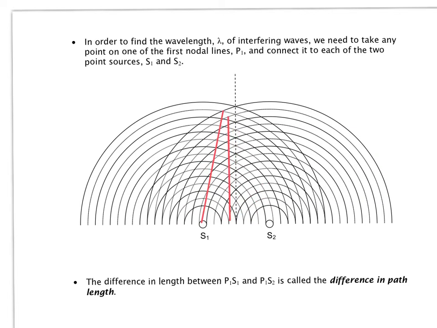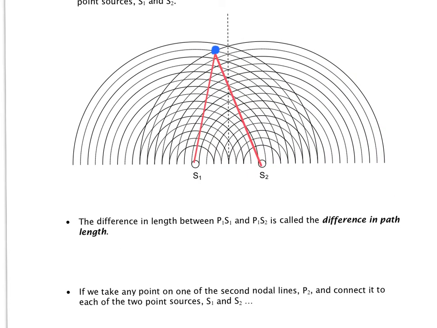So let's see if I can make this work out a little bit better. Okay, that seems to work out okay. And let me put a little point right around there just to make this look good. Now I do promise you this is not another triangulation thing that we're going to talk about. It's strictly just the path difference that we're looking at. So let's take a look at that path difference.